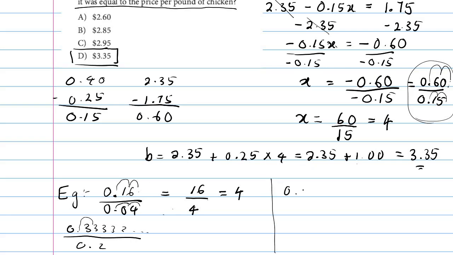0.5 over 0.25. Here you may be tempted to do one jump, so we get 5, and over here also only one jump, so we end up with 2.5. But you still have a decimal number down there.